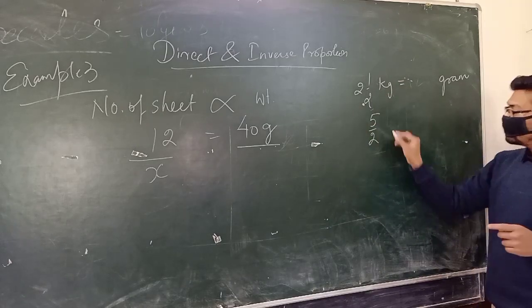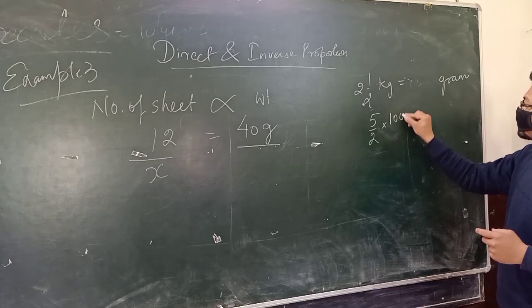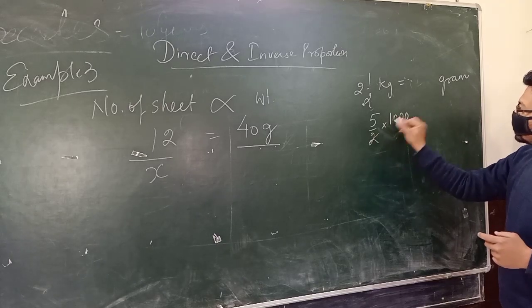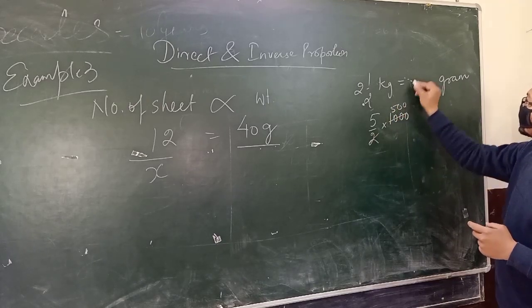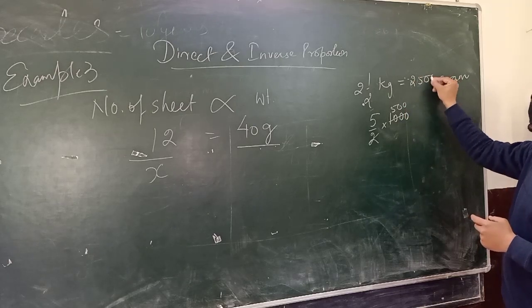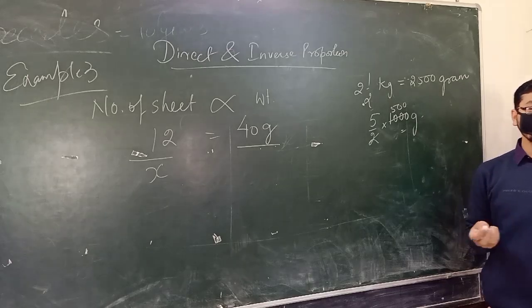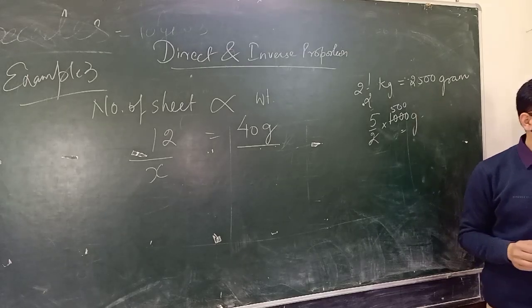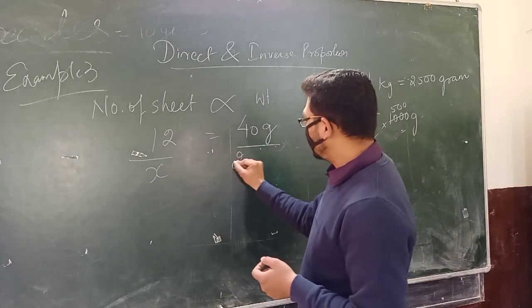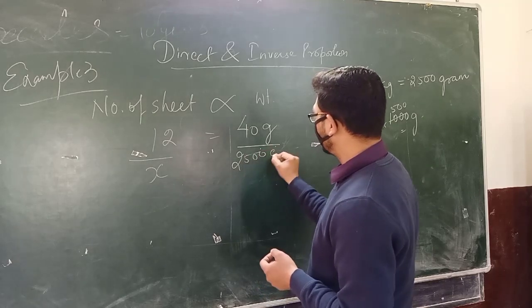And in 1 kg we have 1000 grams, right? So 2 5s are 10, so 2500 grams. So 2.5 kg is nothing but 2500 grams. Just put it here, 2500 grams.